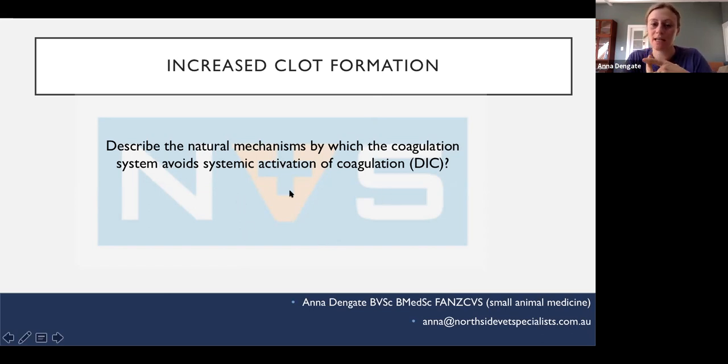So we've got platelets keeping coagulation localized. We've got the circulating anticoagulants mopping up any systemic activation of coagulation. And we've got tissue factor keeping everything stuck in the same spot. That's what normally decreases your risk of systemic or inappropriate activation of coagulation.